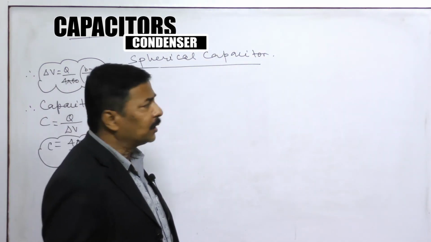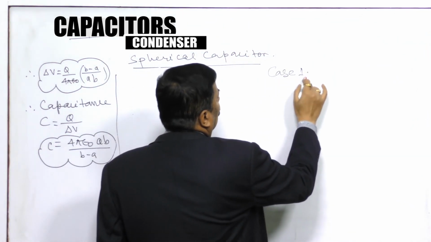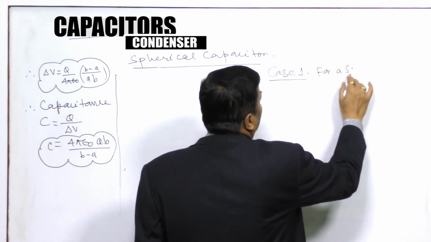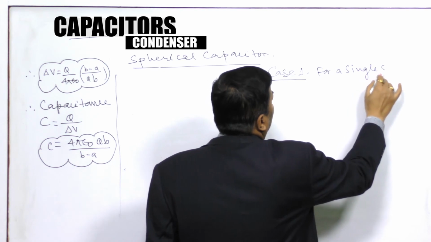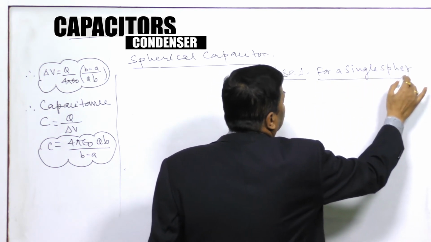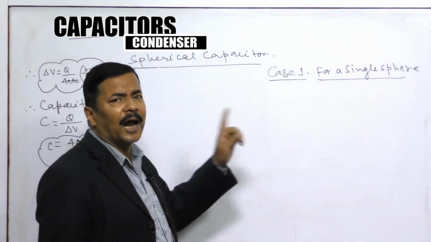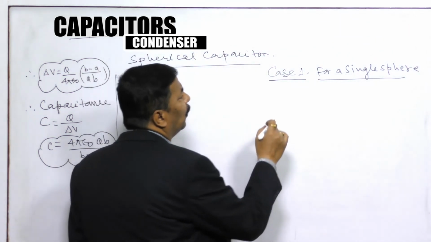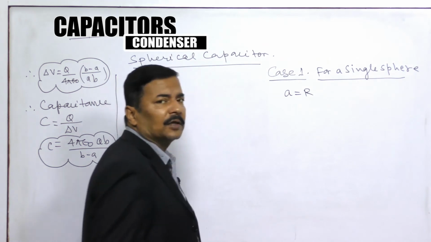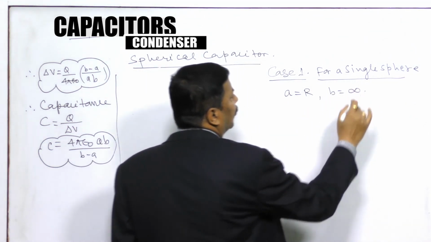Now we want to discuss case 1. For a single sphere, we can consider the second sphere to be at infinity. So A is equal to R, the radius of the sphere, and B is equal to infinity.